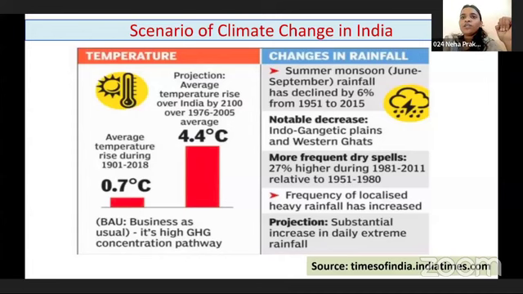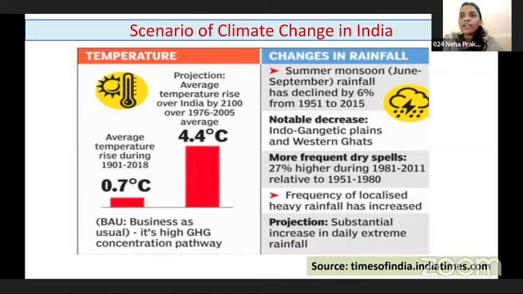Now, when we talk about the scenario of climate change in India, it was observed that there is an average increase in temperature due to many practices: global modernization, industrialization, or some agriculture practices which lead to the increase in temperature.